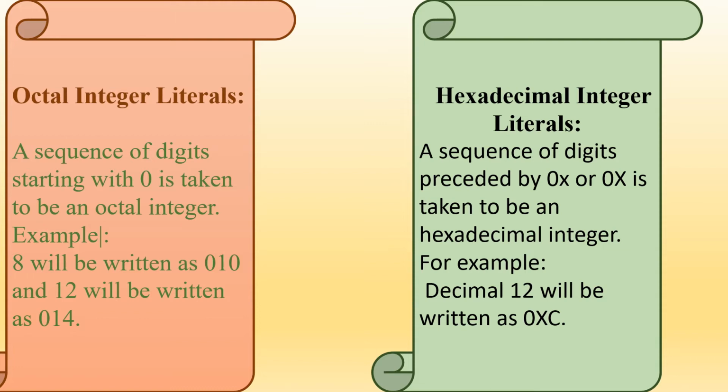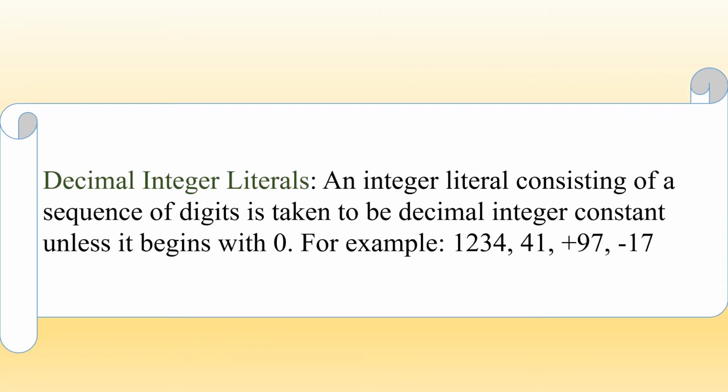So any number which starts with 0 is called an octal integer literal, and a number starting with 0x is known as a hexadecimal integer literal. We have already gone through octal and hexadecimal integer literals, so the last one is decimal integer literal. A number which neither starts with 0 nor with 0x is known as decimal integer literal.